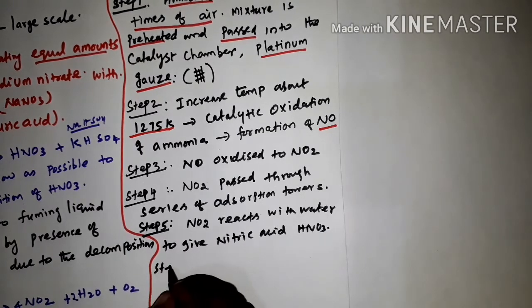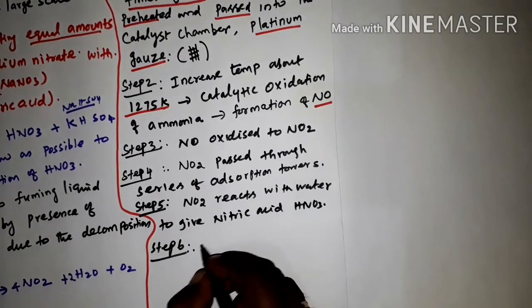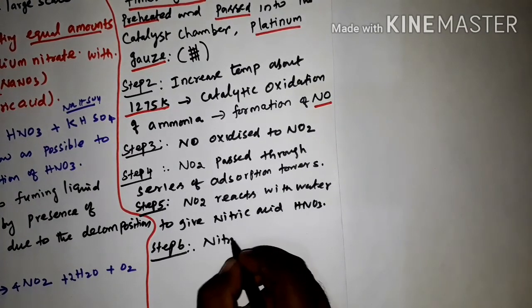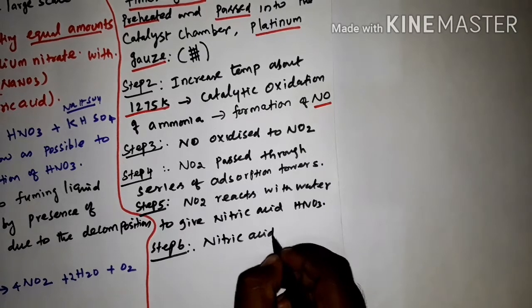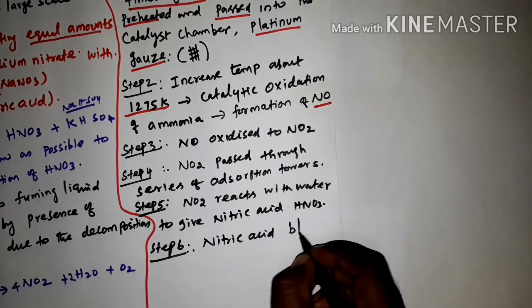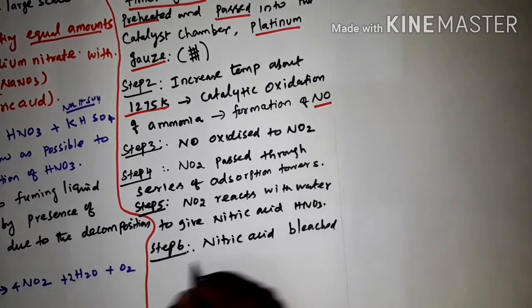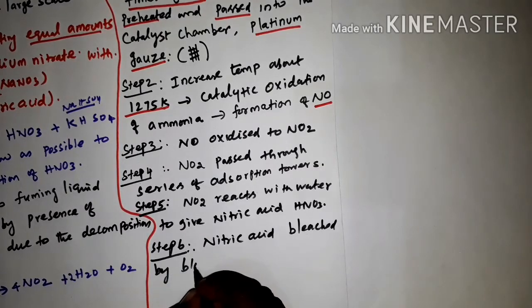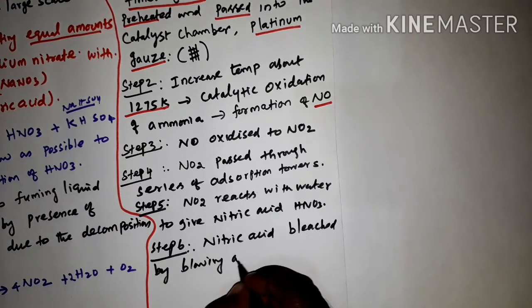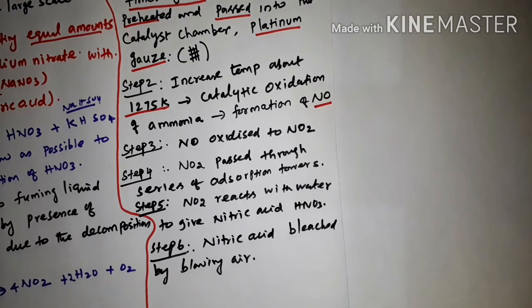Then step 6, nitric acid is bleached by blowing air. Okay, so there are 6 steps.